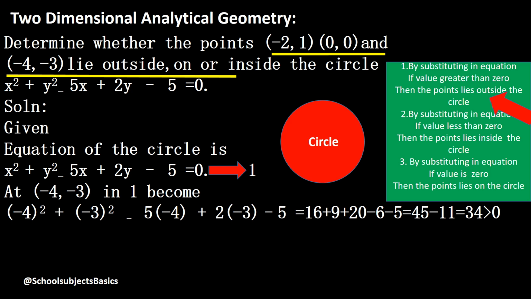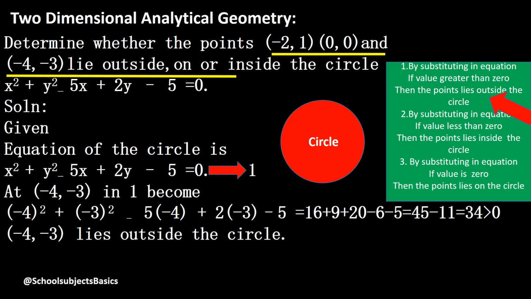So 45 minus 11, and we get the answer as 34. Once again the value is greater than 0, so we can write that (-4, -3) lies outside the circle.